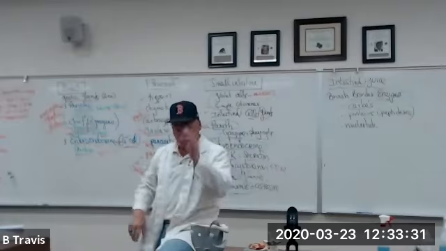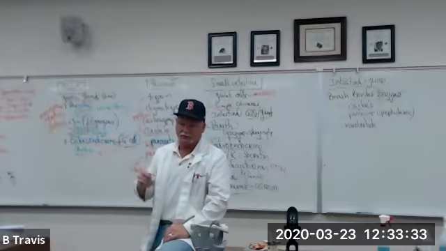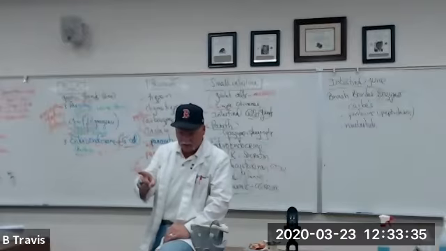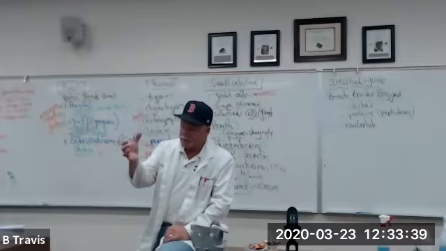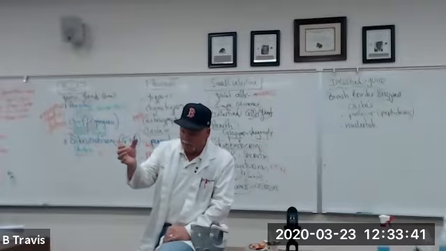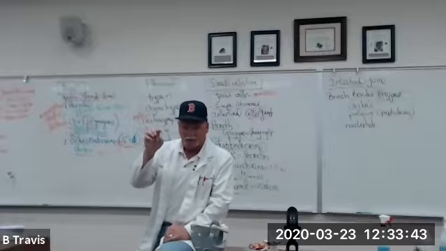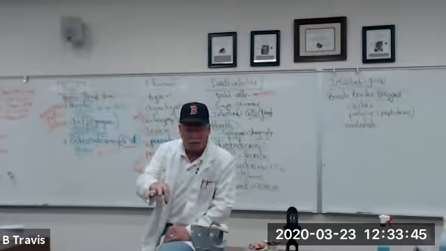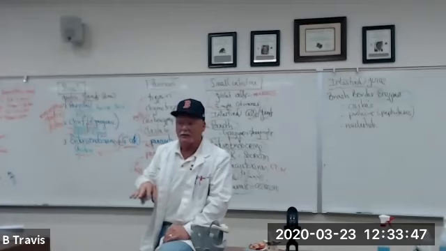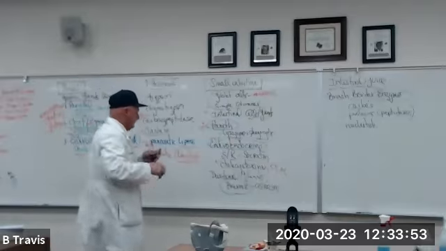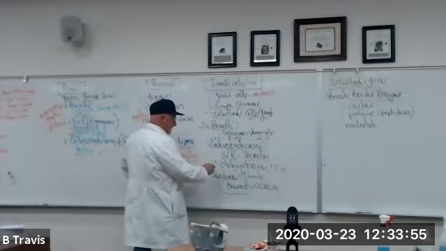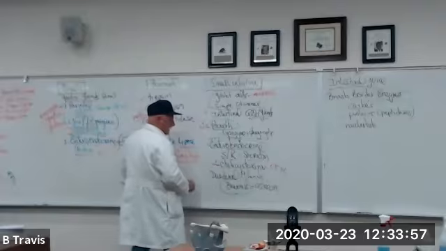It constricts, shoots the bile down there, and emulsifies the fat. So CCK is a hormone that stimulates the gallbladder to constrict, releasing a high concentration of bile into the duodenum itself. So it's a quick little loop. So now you know what CCK does.